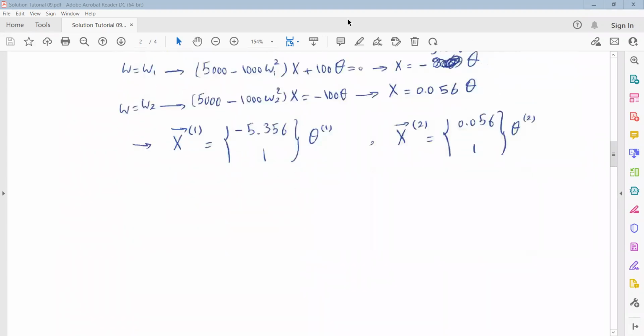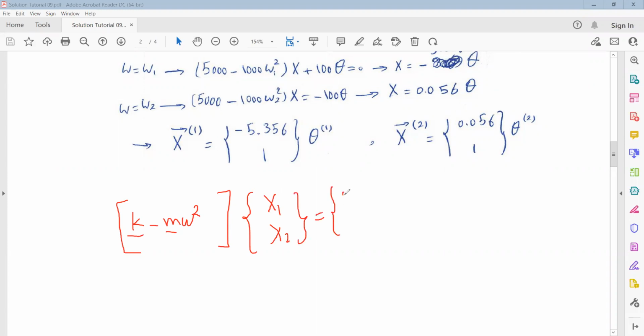In this equation we have the matrix of coefficients, which is k minus m omega squared. Of course, k and m are matrices, multiplied by x1 and x2, and it's equal to 0. In this equation, you need to substitute omega is equal to omega 1 instead of this omega.